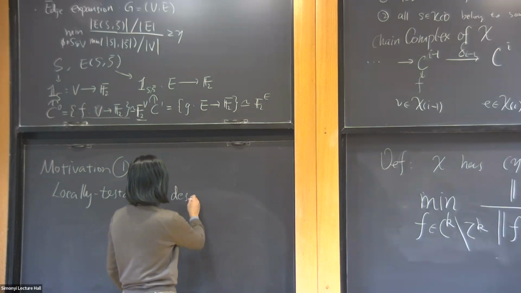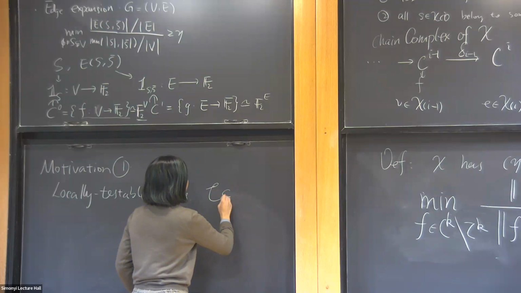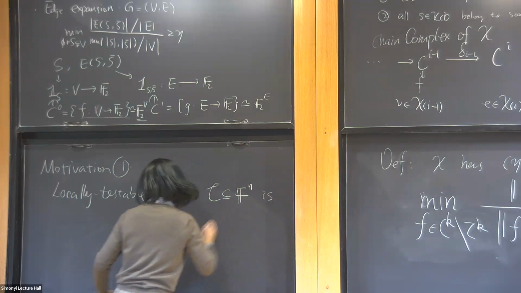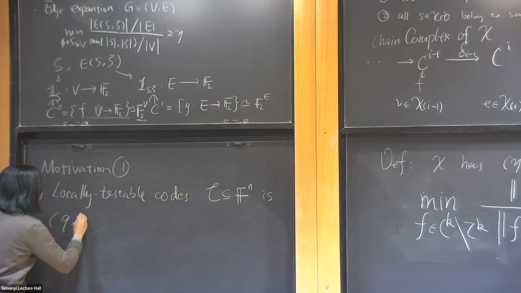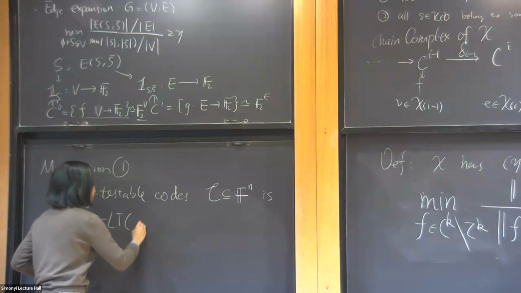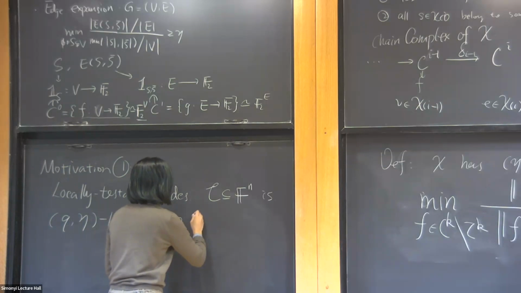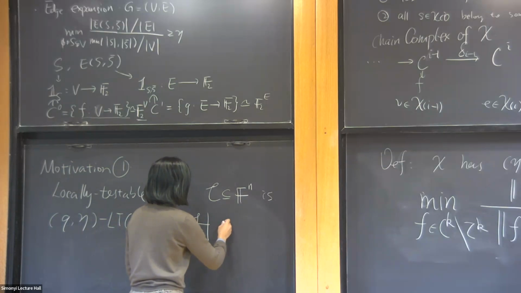So for locally testable codes, we say that a code C inside F^n is (Q, eta)-LTC if there exists a parity check matrix that is low density.